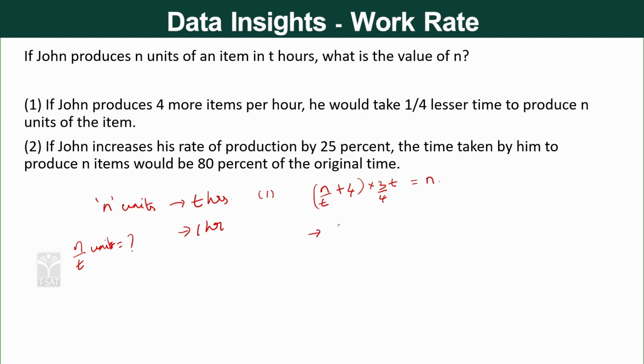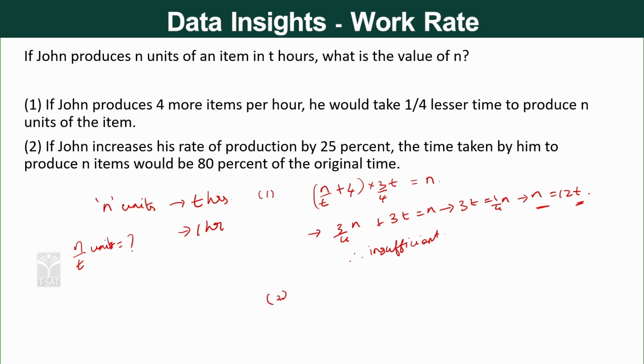By solving this, you have 3/4 n plus 3T is equal to n, which implies 3T is equal to 1/4 of n, or n is equal to 12T. But we do not know the value of T. So, we cannot calculate the value of n. Therefore, this information is insufficient to answer the question.